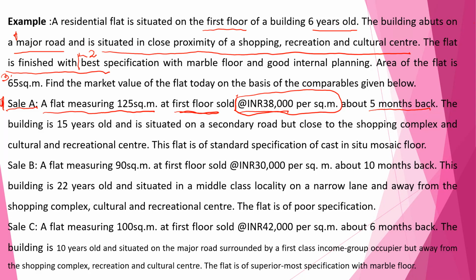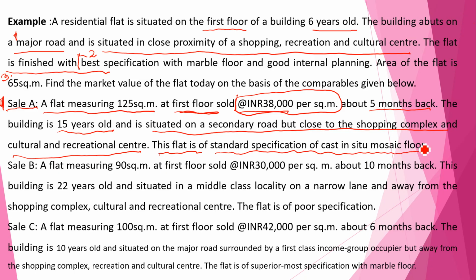The building is 15 years old. It is situated on a secondary road but close to the shopping complex and cultural and recreational center. The flat has a standard specification of cast in situ mosaic floor. This is the specification of sale A.